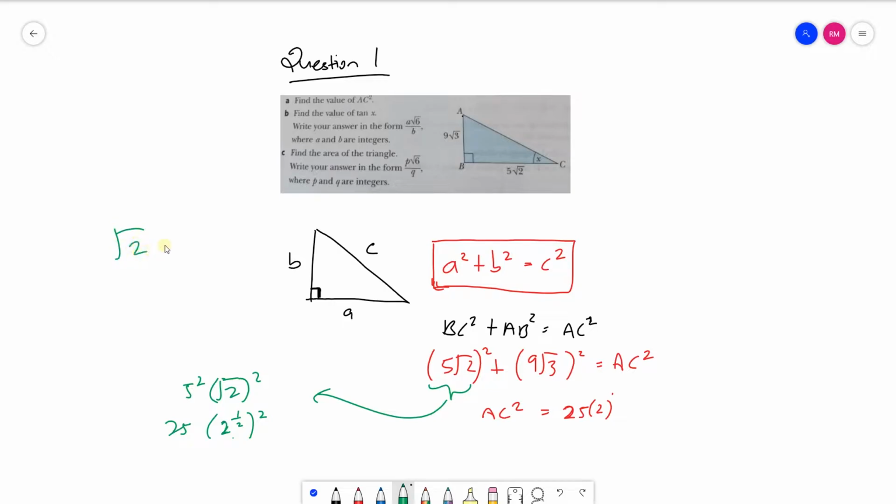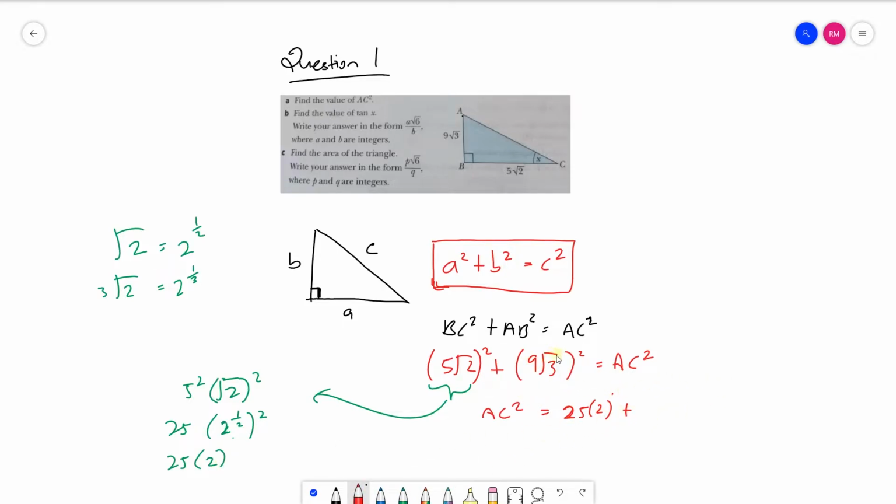So any surd 2, surd x or surd anything, if you see the power is 2, you can simply write it as 2 to the power of 1 over 2. If cube root, it will be 2 to the power of 1 over 3 and so on. This is one of the rules, correct? So when we expand this 2 inside the bracket, it's going to be 2 over 2, which is equals to 1. So 2 to the power of 1 is just 2. So we simply need to write it as 25 times 2. So I believe you can understand why I am writing something like this.